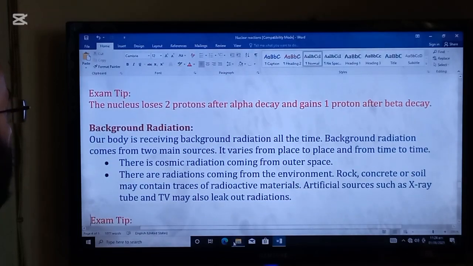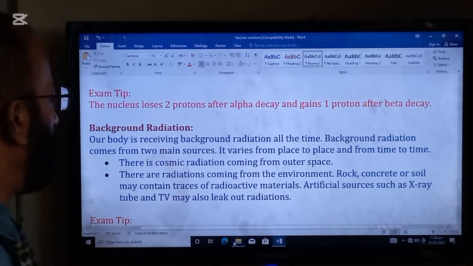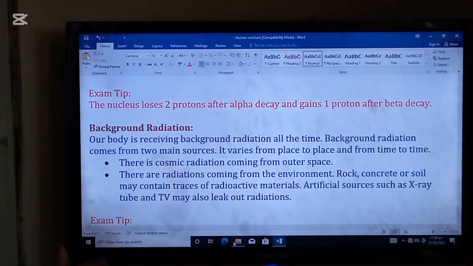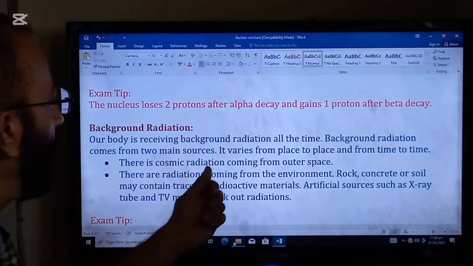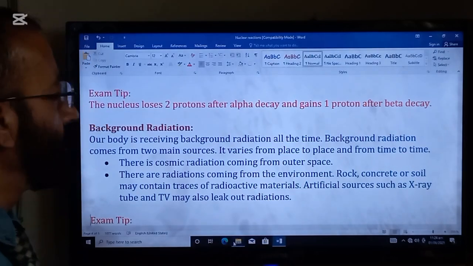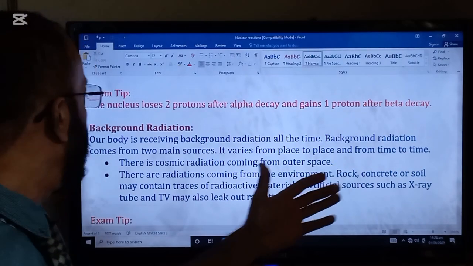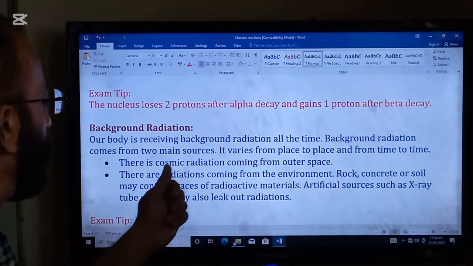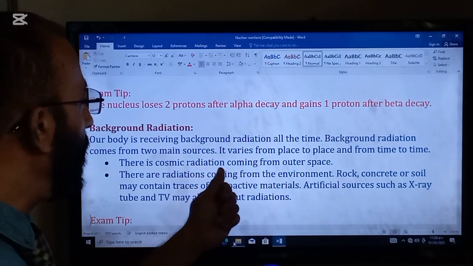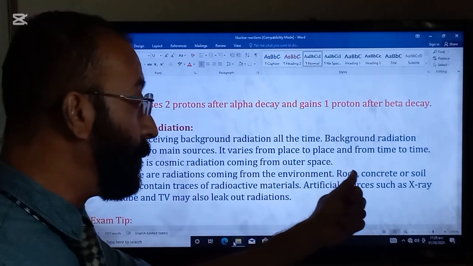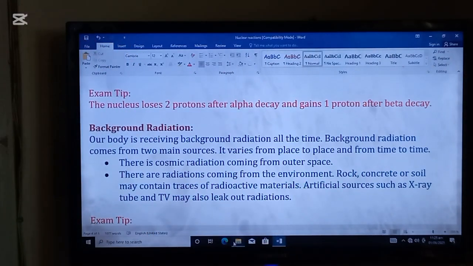Okay, next topic in the lecture is background radiation. Our body is receiving a background radiation all the time. Background radiation comes from 2 main sources. It varies from place to place and from time to time.